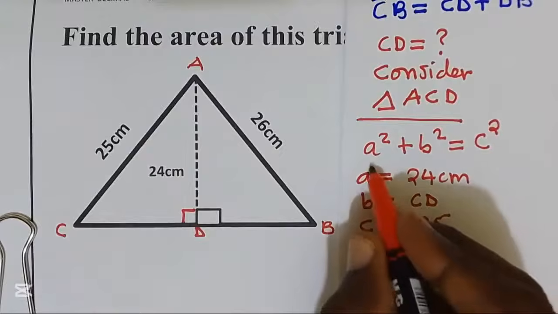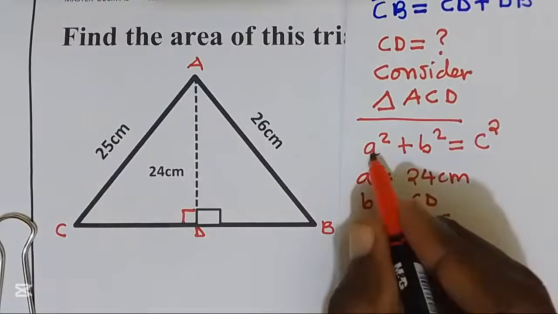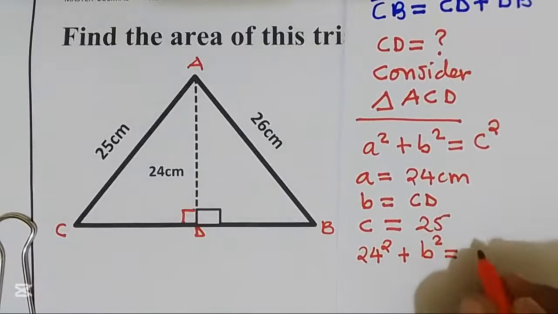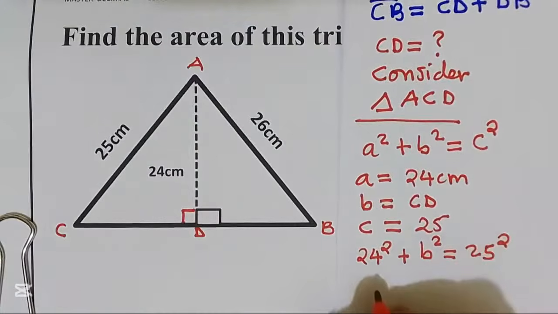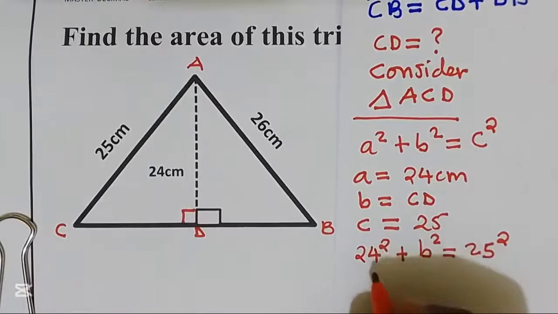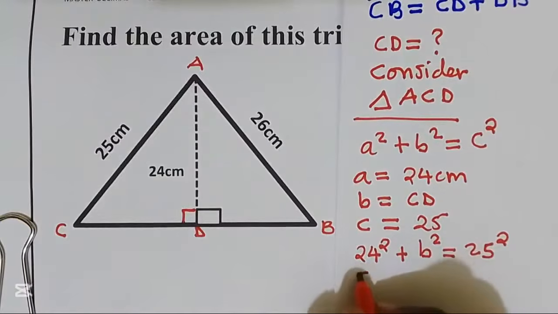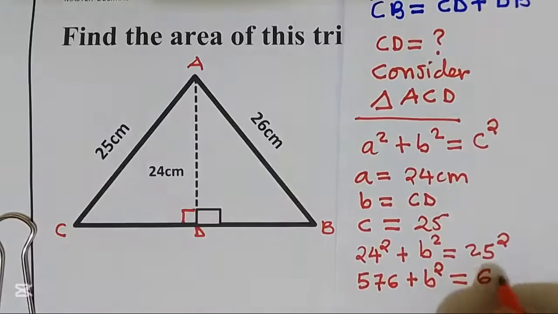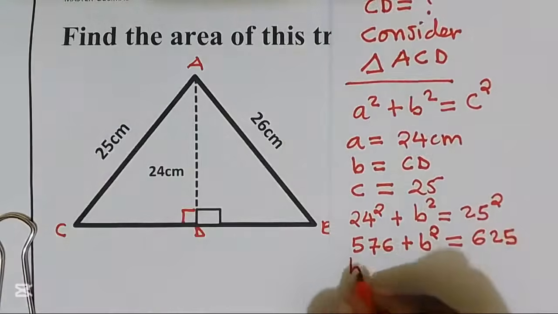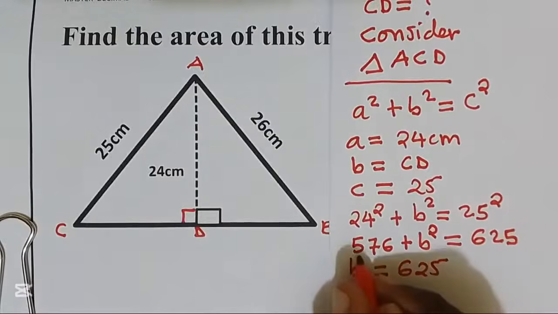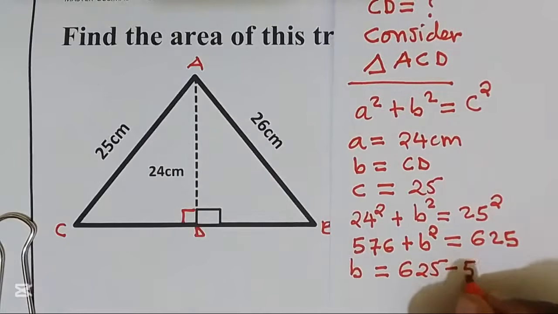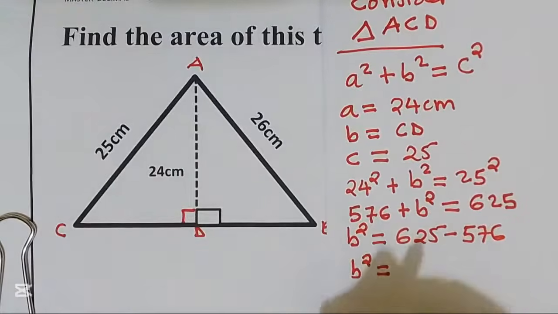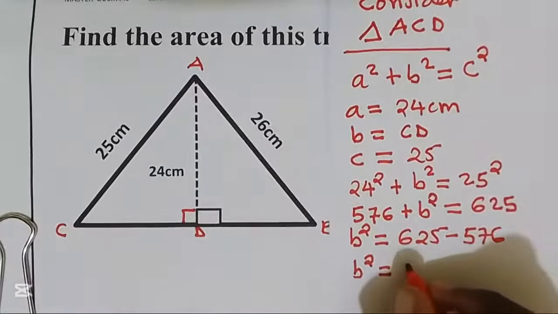That is a equal to 24, so 24 squared plus b squared is equal to 25 squared. 24 squared is 576, plus b squared is equal to 625. b squared is equal to 625 take away 576, which is 49.